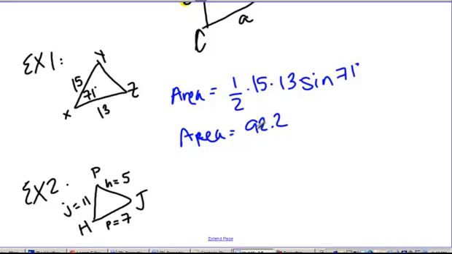Now, there's a formula that I did not show you when we did law of cosines the first day, because I didn't want to confuse you so much.